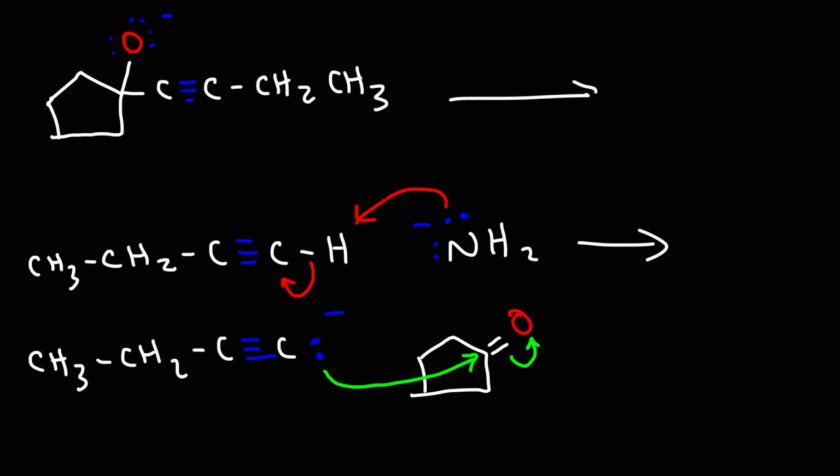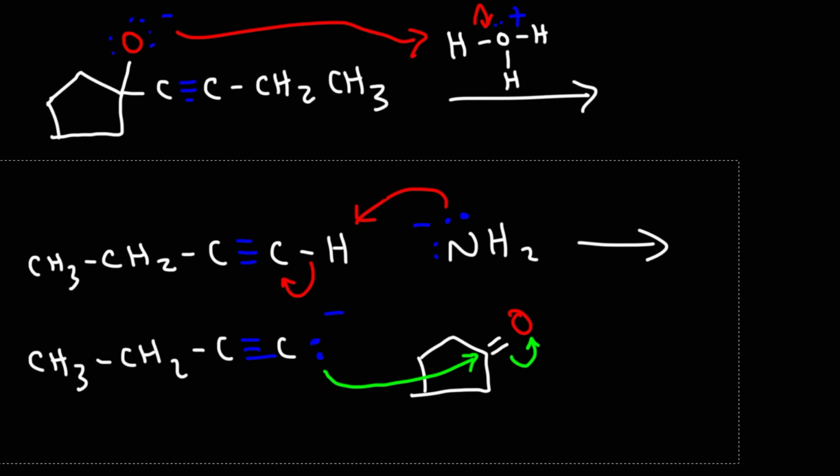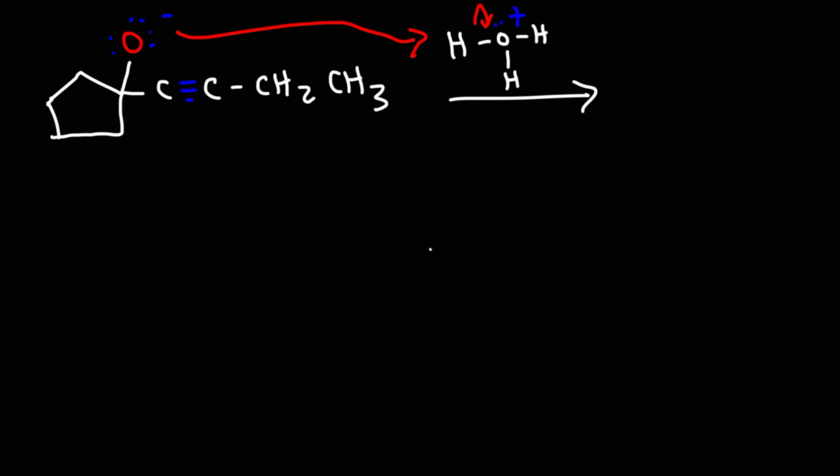The last step is hydration. So we're going to react this with H3O+. So this oxygen is just going to take a proton from H3O+. It's basically an acid-base reaction. So the final product for this reaction will look like this.